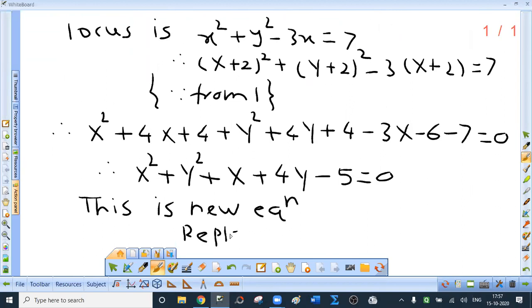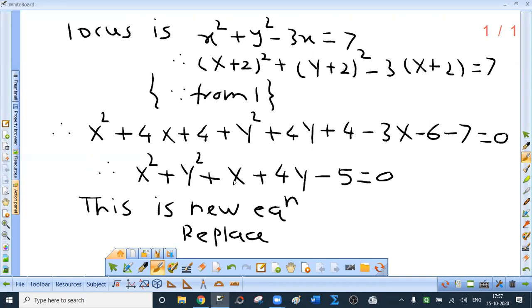Now let me explain. Usually the final answer is written in the form of small x and small y, which are called current coordinates. But in some colleges they say that this should be the final answer. So accordingly you have to write the final answer.